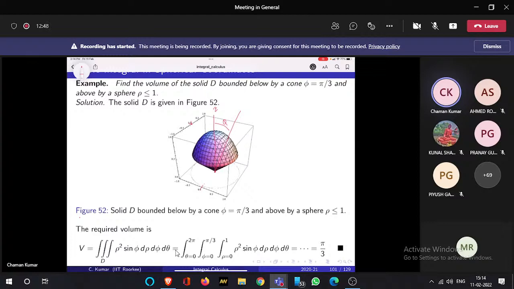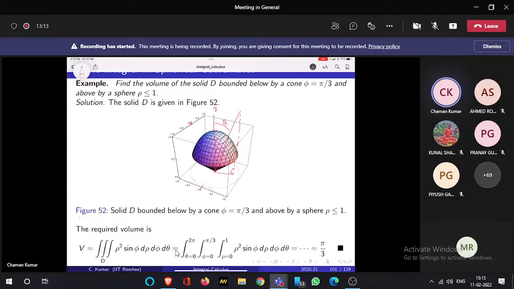And you also put the projection of this ray in the xy plane. So let us say that this is the projection. The projection makes angle theta with the positive x-axis.